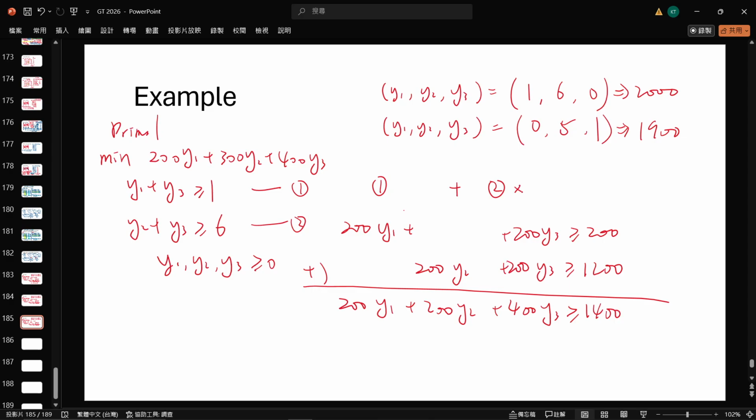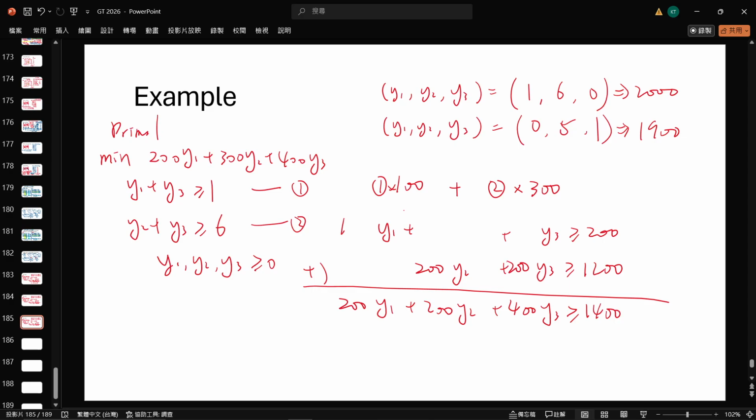So let's try to find a better lower bound. I think we can do it like this. The weight for the first constraint is 100, and the weight for the second constraint is 300.